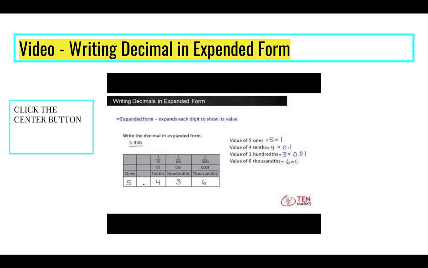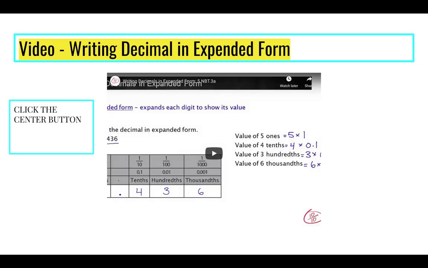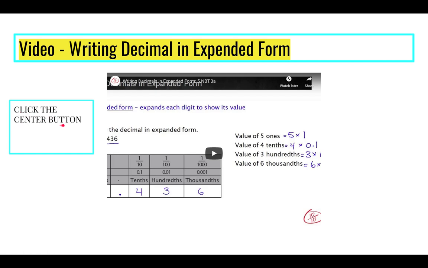So now, today we included two videos. One on writing numbers in expanded form, as you can see here. When you are doing this lesson, make sure you click the center button, this here, and once you click that, it will play the video for you. Pay attention to what is said here.